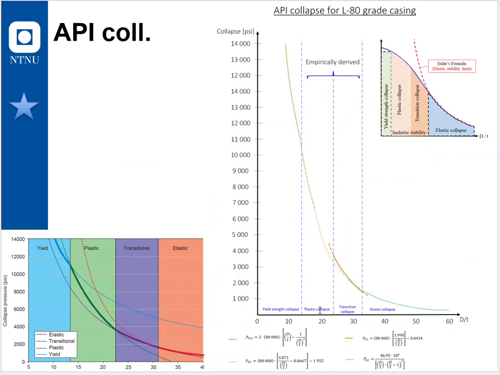Here is what was made back in the early 60s. We see this is the same representation as shown to you guys initially for collapse. Yield strength here all the way to the left. Plastic and transition is really one group, split only because mathematically finding a formula that fits within the group and the performance of pipes in the 1960s had to be split like this.